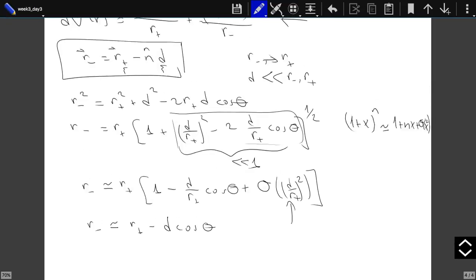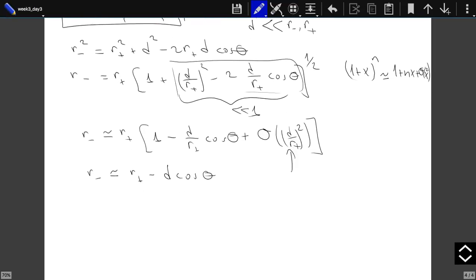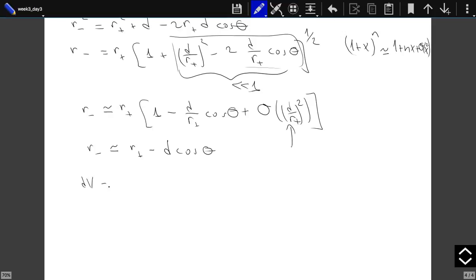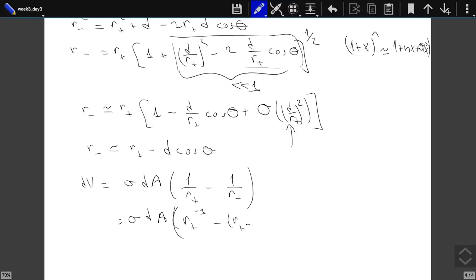So R minus is approximately this number over here. Now we can go back and write the potential. This is sigma times dA, 1 over R plus minus 1 over R minus. This is equal to sigma dA, R plus to the power minus 1 minus, well, R minus is R plus minus D cosine theta to the power minus 1.